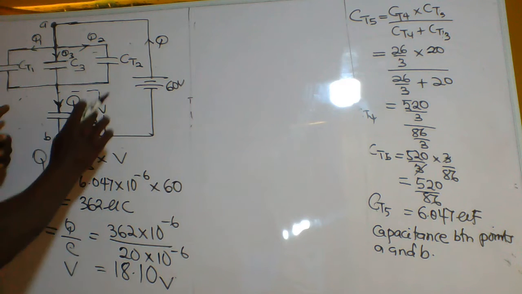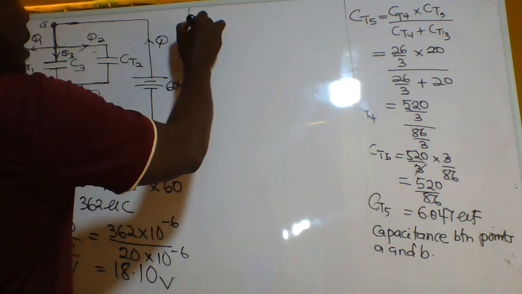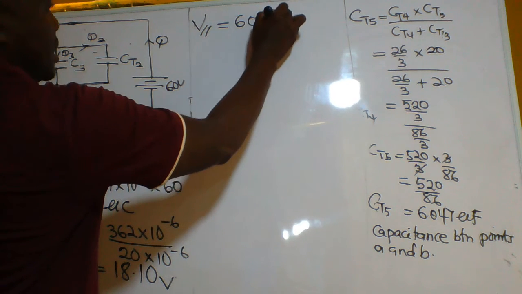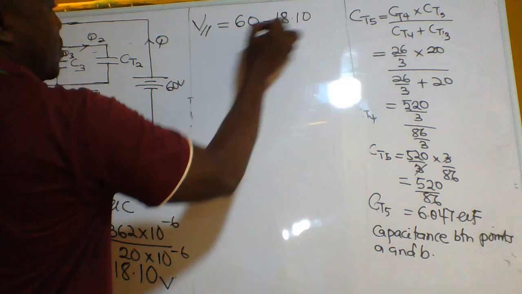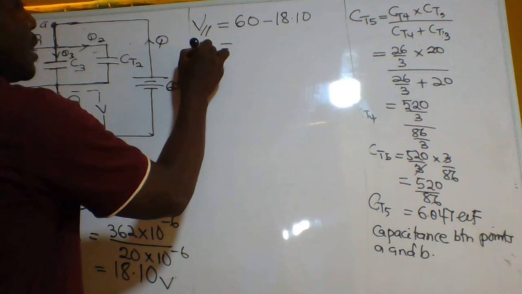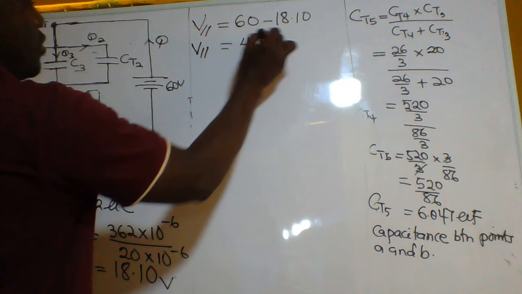If the voltage drop across this is 18.10, then the voltage drop across the parallel, V parallel, must be equal to 60 minus 18.10. 60 minus 18.10 is 41.9. So V across the parallel is approximately 41.9 volts.